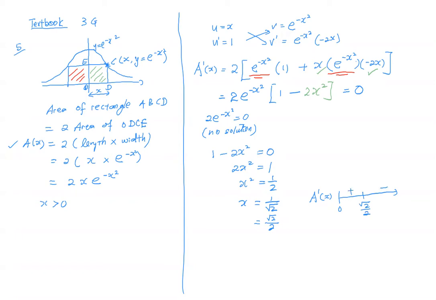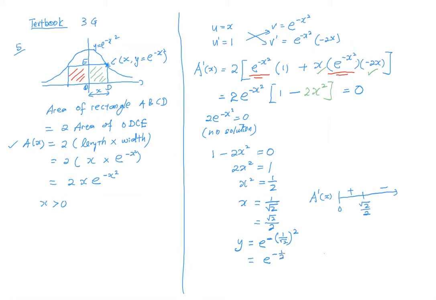Then they want the coordinate of C. If you want the coordinate of C, I must get the Y coordinate also. So the Y coordinate is e to the power negative, my x is 1 over root 2, squared. So it will be e to the power negative half.